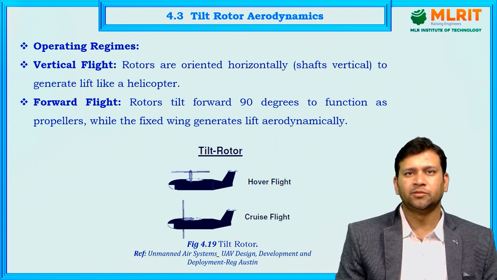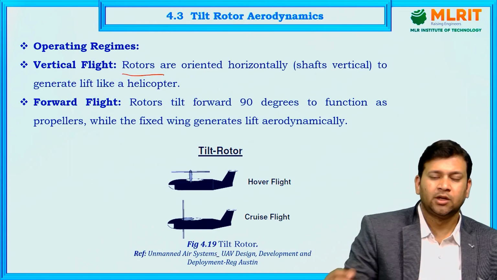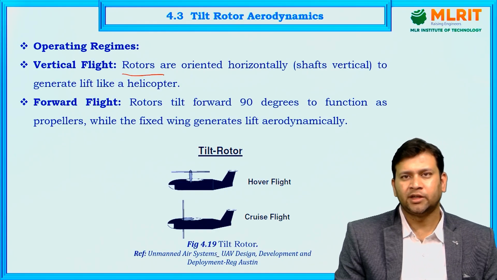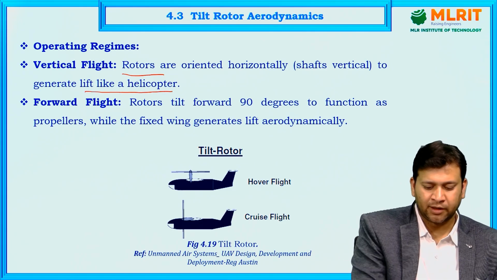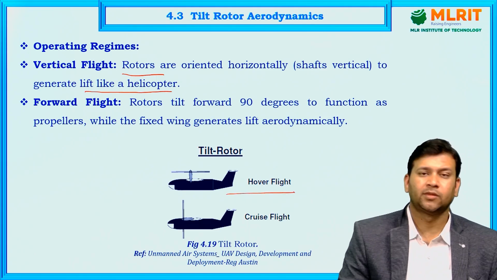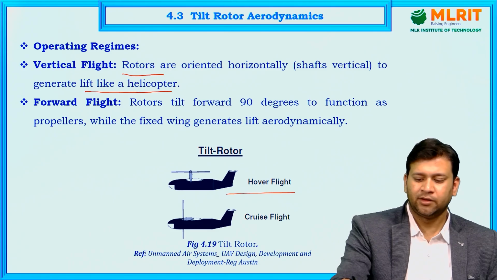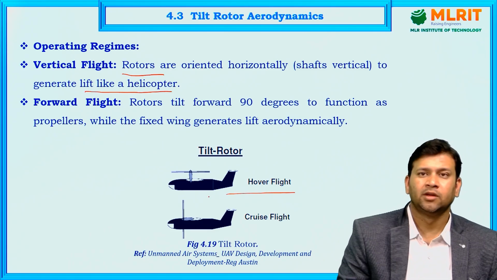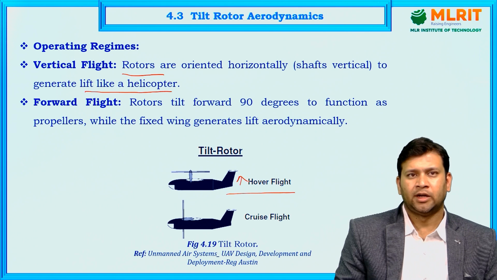The operating regimes of this tilt rotor: the vertical rotors are oriented horizontally, that is, shafts vertical, to generate lift like a helicopter. Right. These rotors are oriented horizontally, like this here, and it will generate lift like a helicopter.